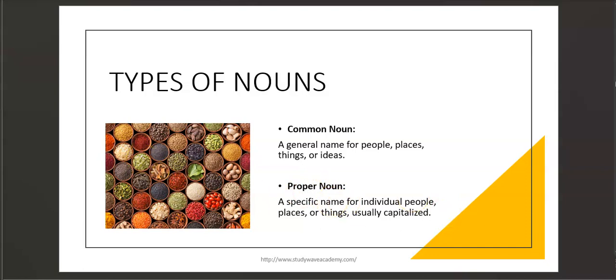What is a proper noun? A proper noun names individual people or individual places. Proper nouns name people, places, and things, and we usually capitalize them. They give us specific ideas or specific people.